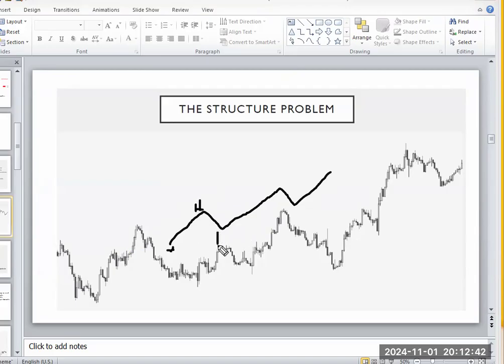This is known as a higher low. Let me mark it like this, higher low. This is known as a higher high. Don't mind my drawing. This is known as a higher low. And then it continues in that same sequence for a market moving up.